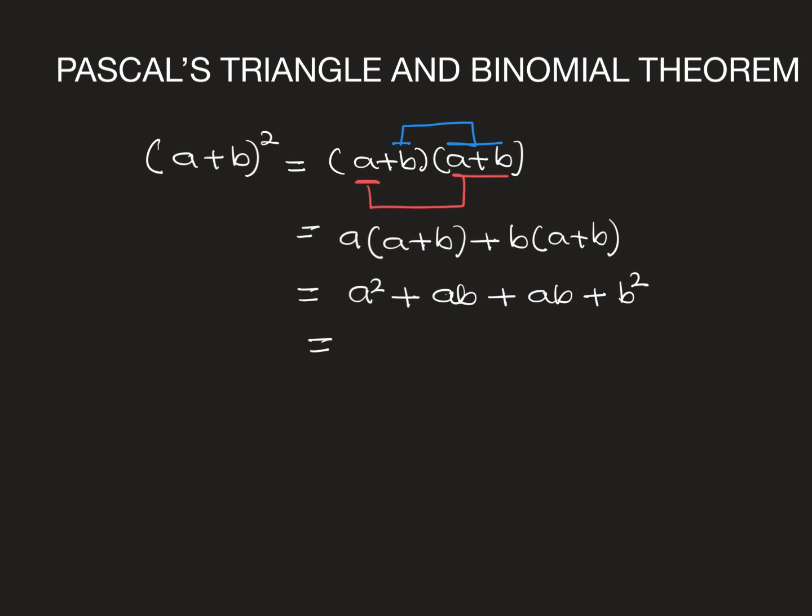So we'll finally have A squared plus 2AB plus B squared. So this is relatively simple.